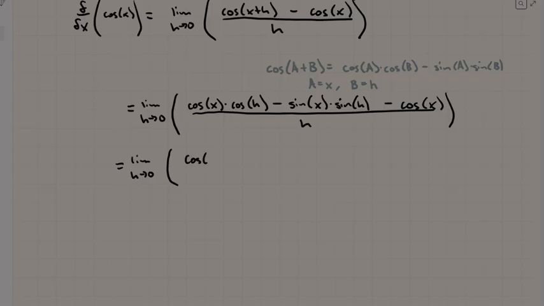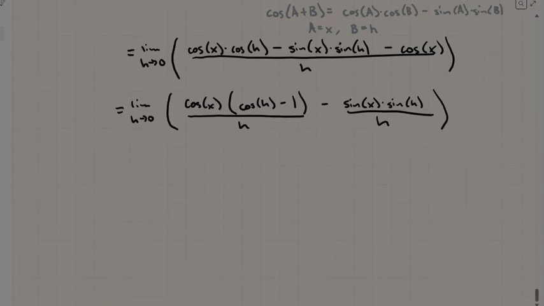So let's see, that'll be cosine x times, now when we factor it out, we're going to have cosine h minus 1. And remember last time we also just split it into 2 fractions. Let's just go ahead and do that here. All right, so then that takes care of the first and the third term. That middle term still remaining would be minus sine x sine h over h.